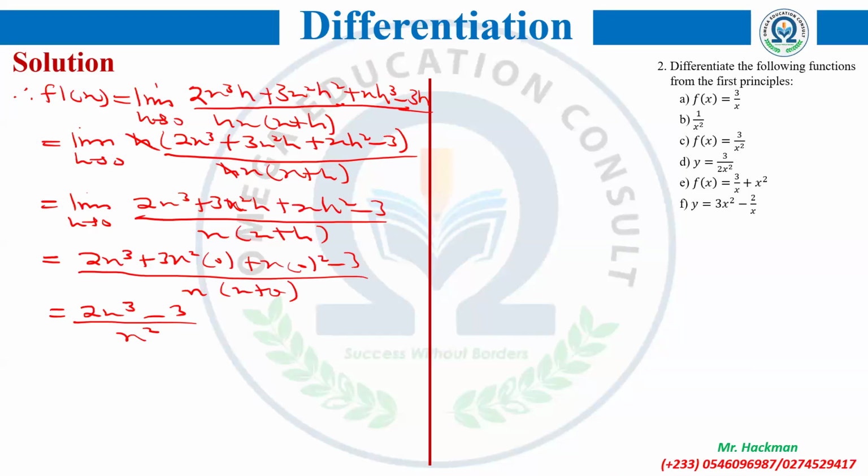So what you are supposed to do is take it back to its partial fractions. This step that I'm writing is basically for explanation purposes. As you mature, you can move straight to the answer that I'm going to write. So this one will cancel. So we are going to get what? Hey, I'm waiting. You get 2x, am I right? Then minus 3 over x squared. Is that clear?